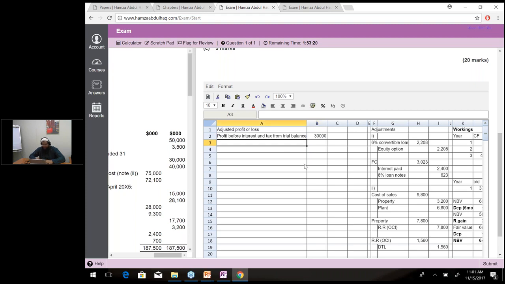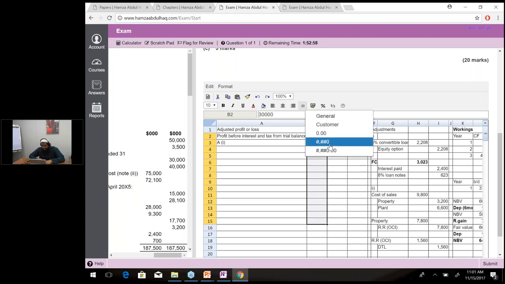now I'm going to write adjustments starting from adjustment number 1. In adjustment number 1, we have debited the finance cost. So this finance cost will reduce the profits. Finance cost debit will increase the finance cost and will reduce the profits. And I'm selecting all these and marking them as rounded off values.